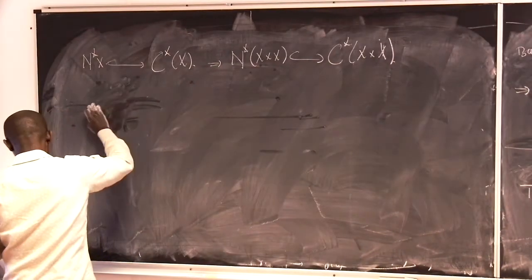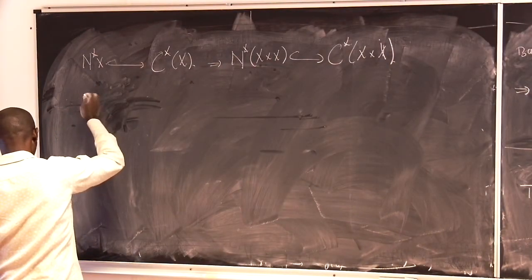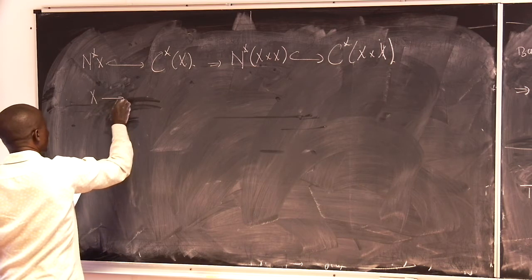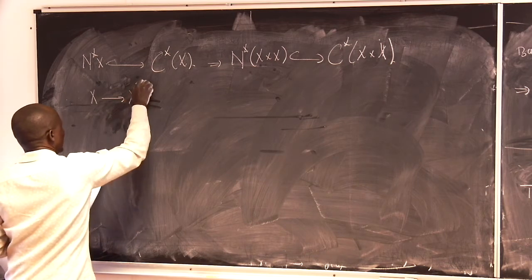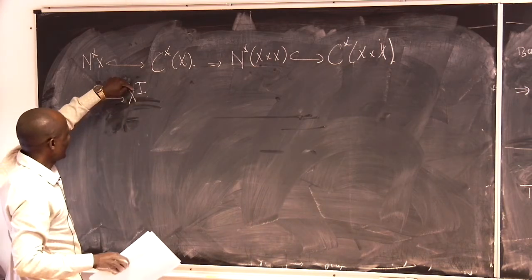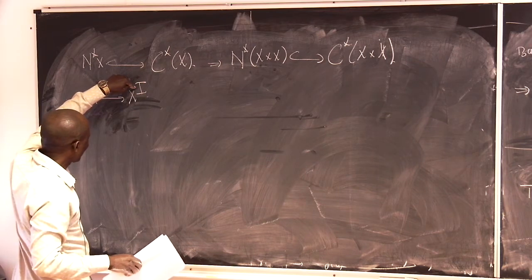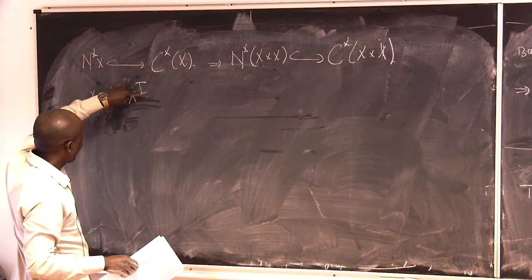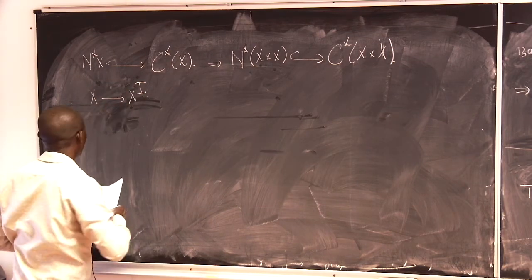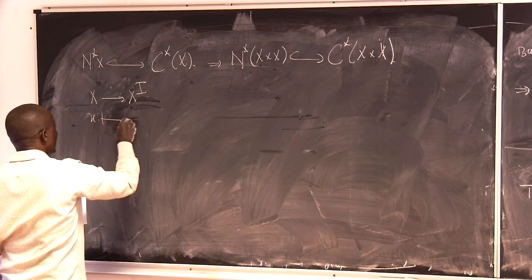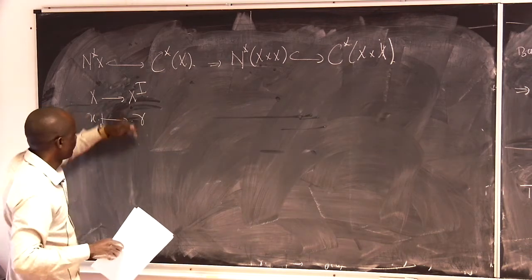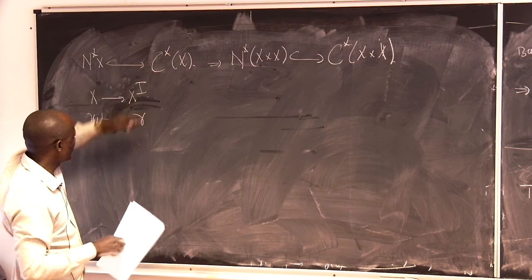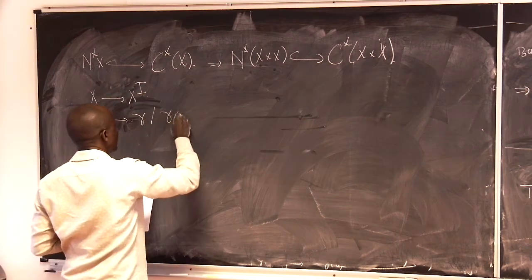Have a map from x to xi. Xi, I say it is the set of continuous maps from I to x, which assign to any x a continuous map gamma from this, so that gamma of 0 equals x.